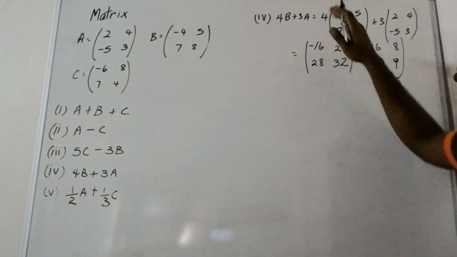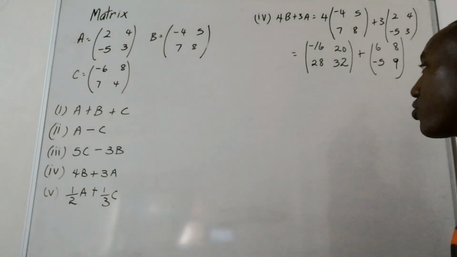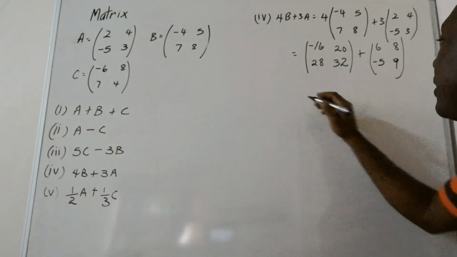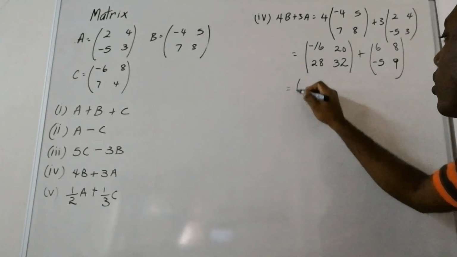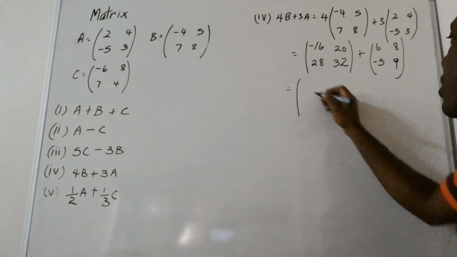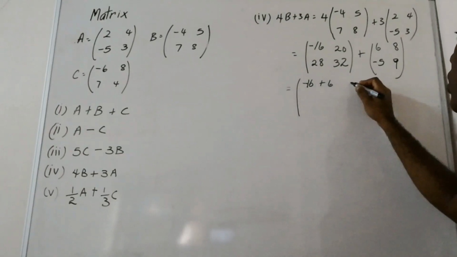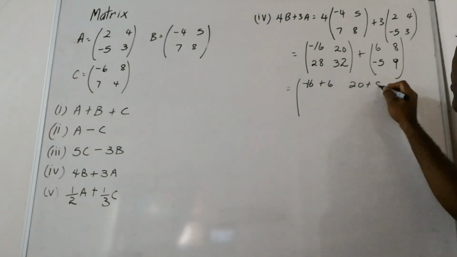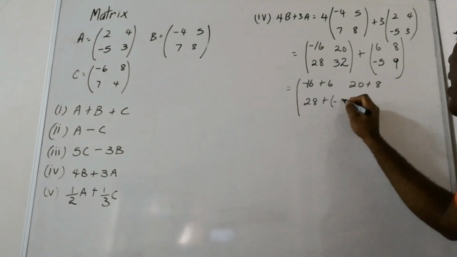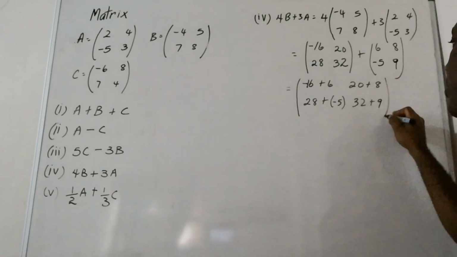So remember, we multiply the scalar by each number in our matrix, and then we will add them together. We're adding the numbers in the similar positions. So minus 16 plus 6, 20 plus 8, 28 plus negative 15, and 32 plus 9.